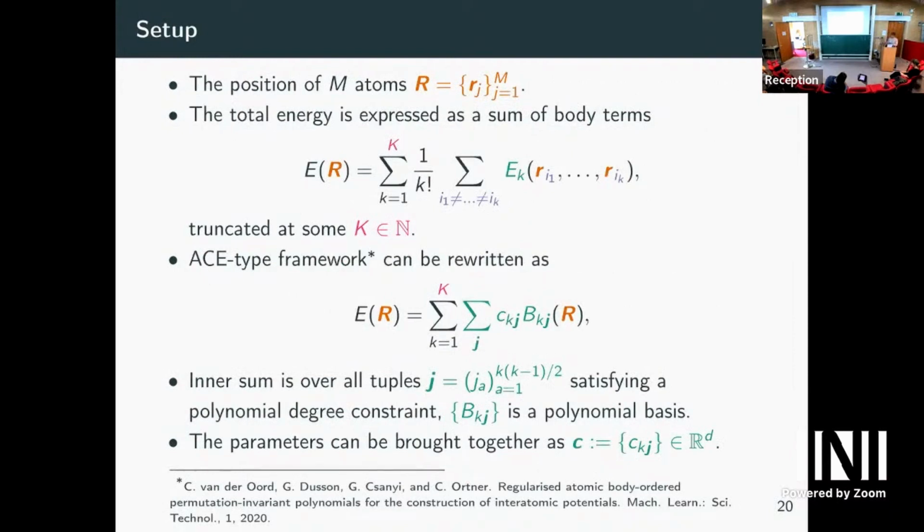Yes, so essentially, I just wanted to describe what this function is when we restrict to just two-body and three-body terms.